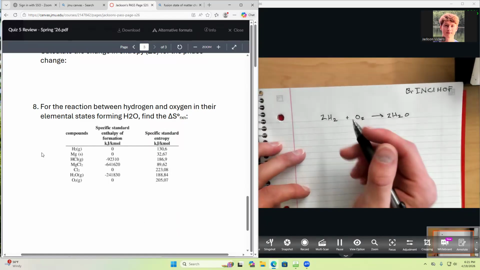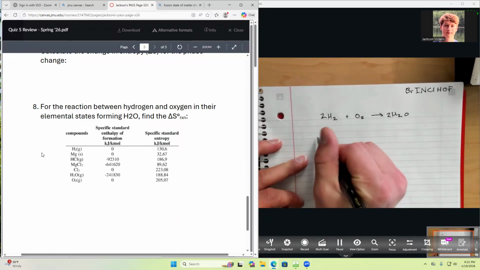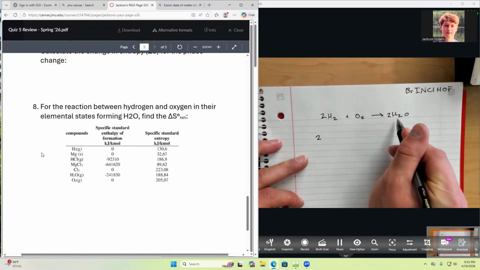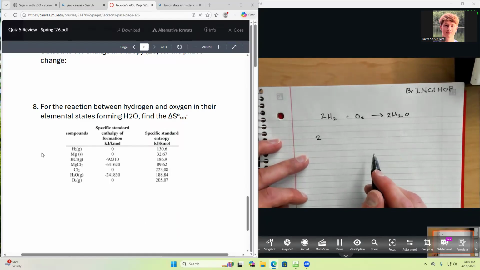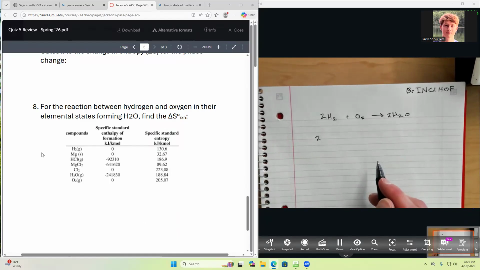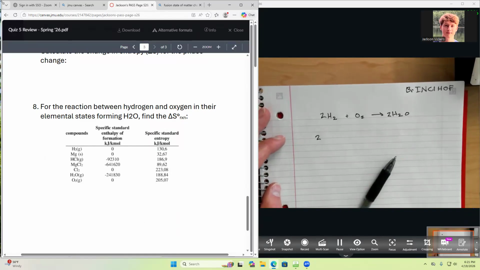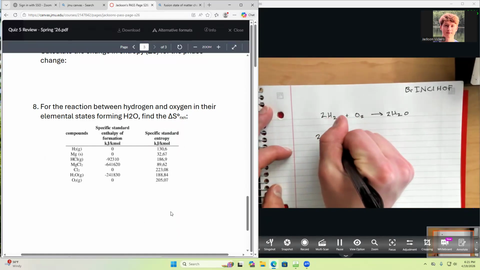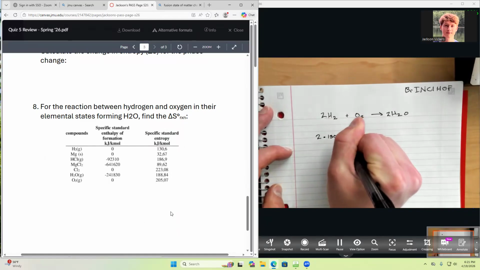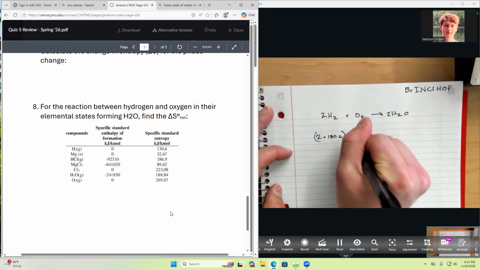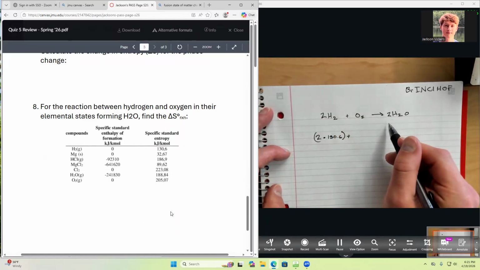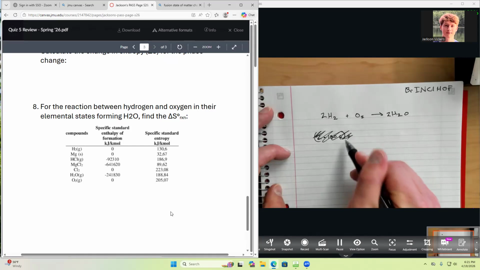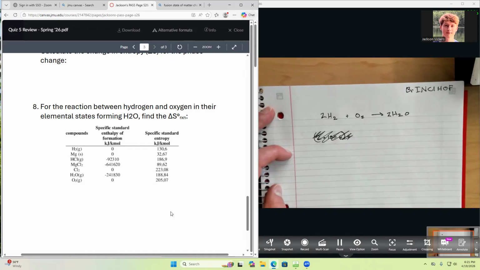So I'll go through this real quick. Again, it's products minus reactants. So we have 2 times the H2, and that's given as, we're going to be using this table on the right. I don't know what the one on the left is. So use these values. Sorry, we're doing H2O first.